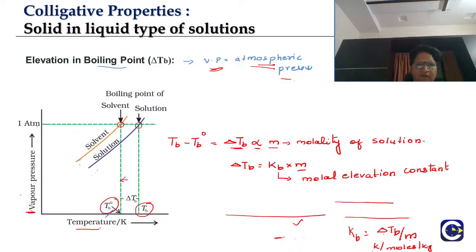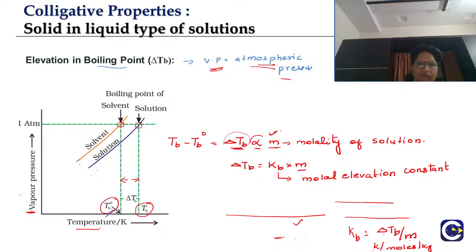The difference between the boiling point of the pure solvent and the solution is delta TB, the elevation of boiling point. That depends on the molality of the solution. The more the molality, the more the elevation of boiling point.